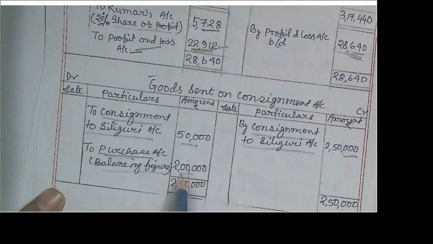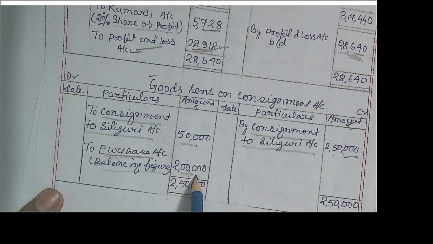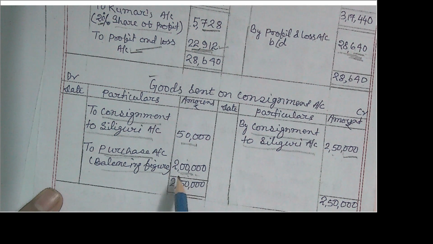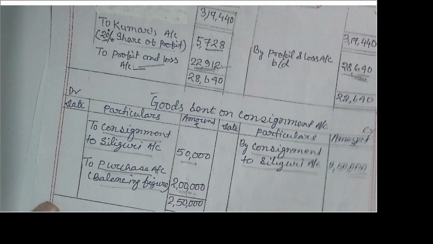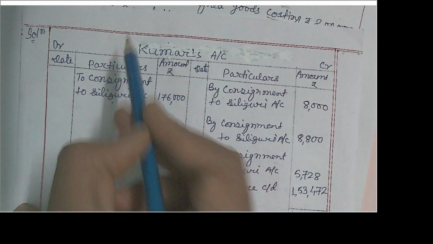So this is 2 lakh rupees, the original cost price, and to these 2 lakh rupees, by adding 25% profit, we made the invoice price.